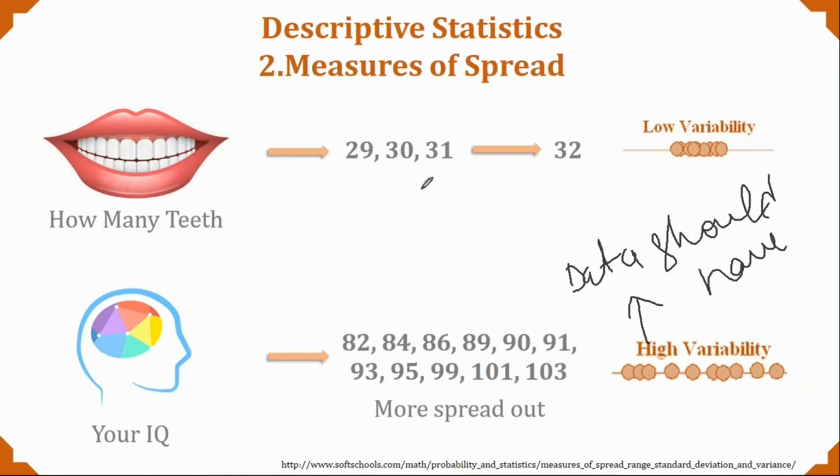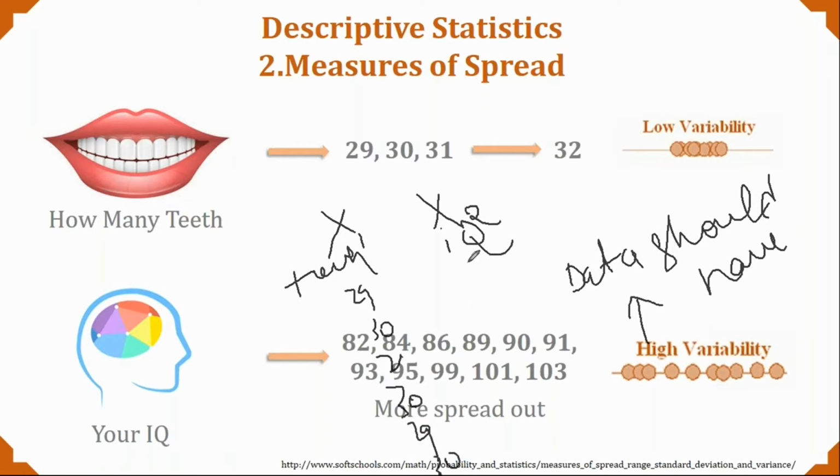If you are predicting something, your column has x1, your column has x2. This one will be teeth, and this one will be IQ. The teeth will have about the same value, 29, 30, 29, 30. The one with a large variation will explain my y variable most of the time.